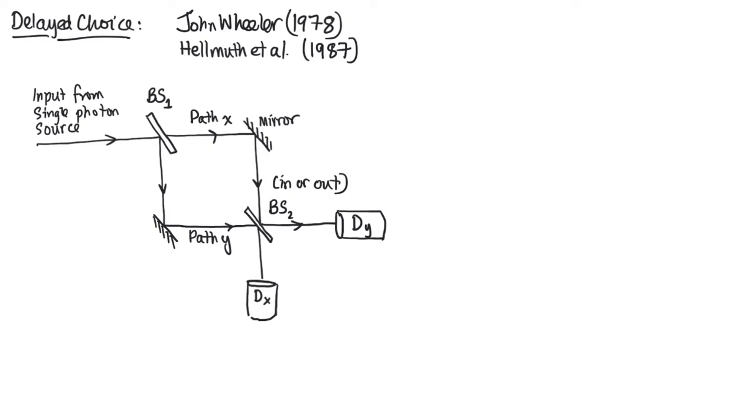The problem, though, is that when you do the experiment, if you start the experiment with beam splitter 2 out, and midway through the experiment when the photon has passed beam splitter 1, you put beam splitter 2 back in, you do see interference.